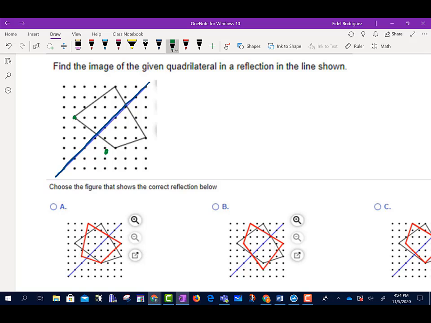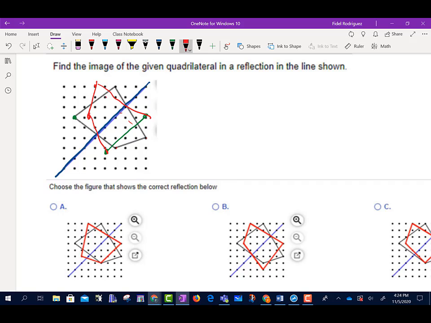And then this point over here would probably end up over there. So that's what that side is going to look like. And then this point here probably ends up right about there, and this point here would end up somewhere over there.